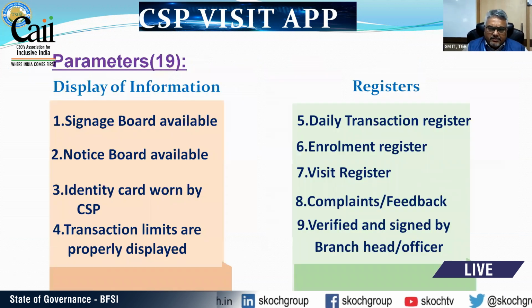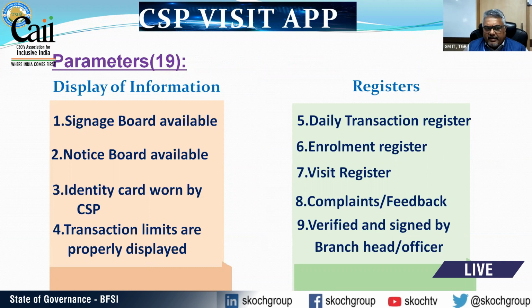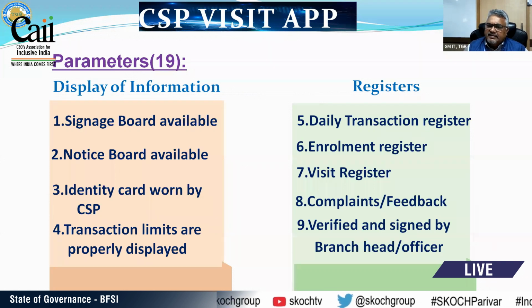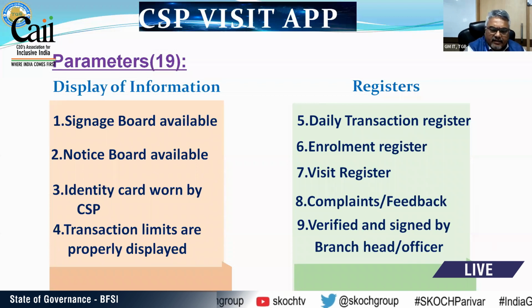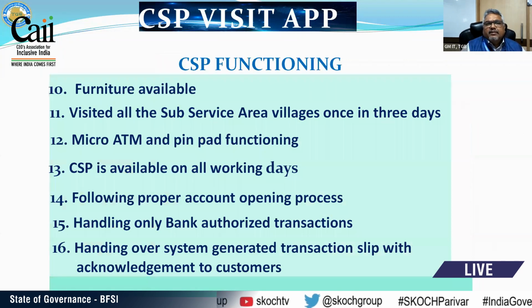The various parameters we capture include signage and notice board, identity card, whether the transaction limits are visible, whether he is maintaining the daily transaction register, enrollment register, visit register, and complaints register, and whether these are verified by the branch manager.